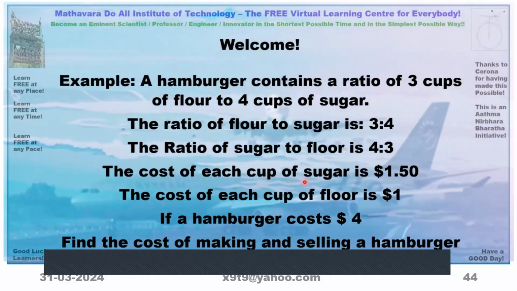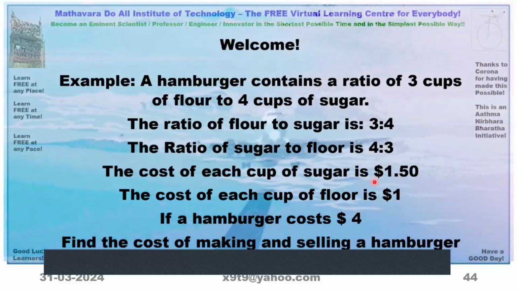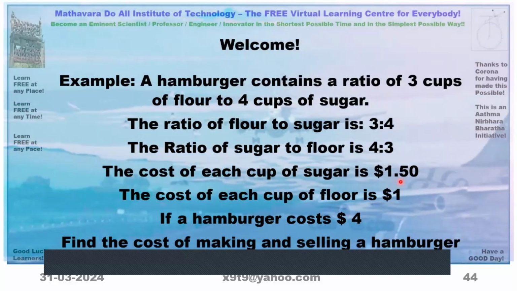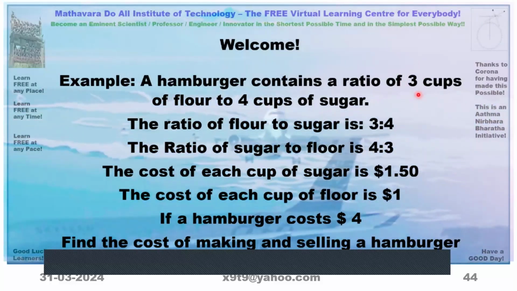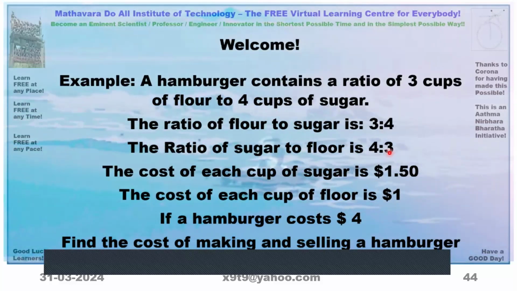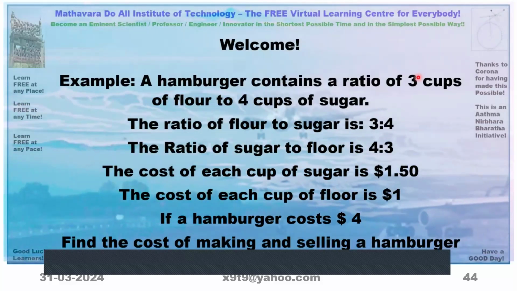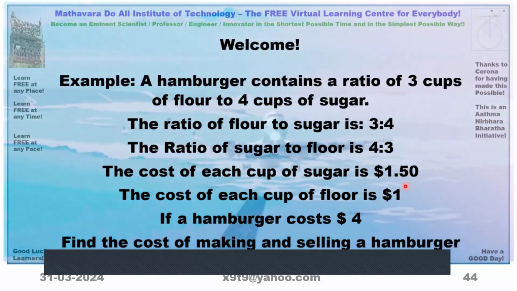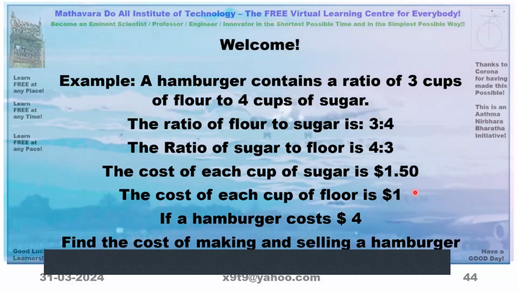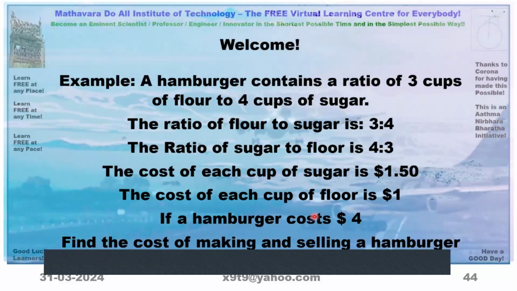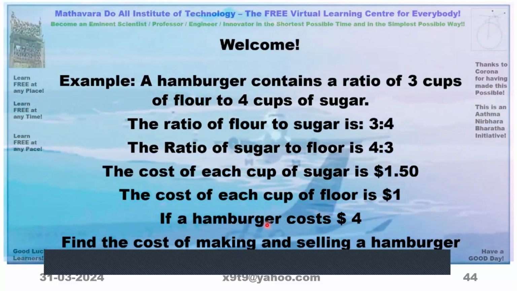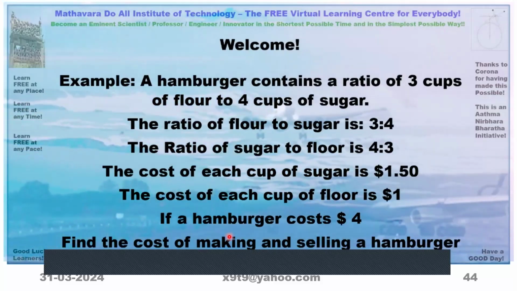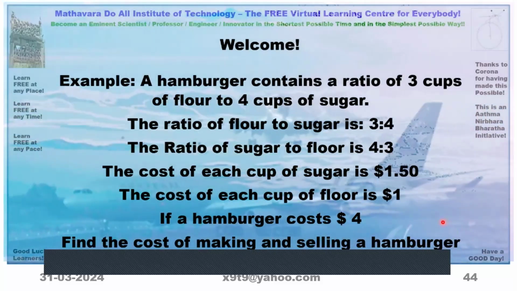Now find out for 3 cups of flour how much it will cost, so multiply this by 3. And for 4 cups of sugar, work out how much it will cost. Then add the both. Then if you are buying a hamburger ready-made at $4, what is the cost of making and selling the hamburger?